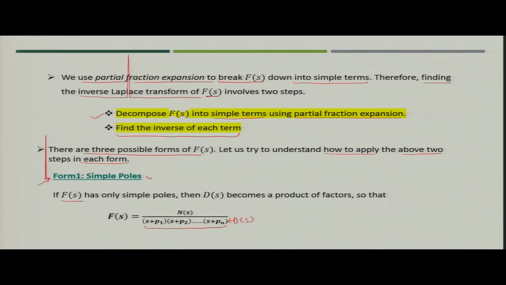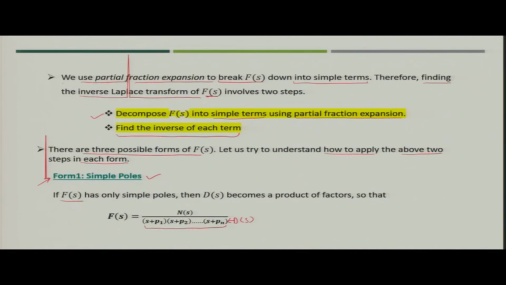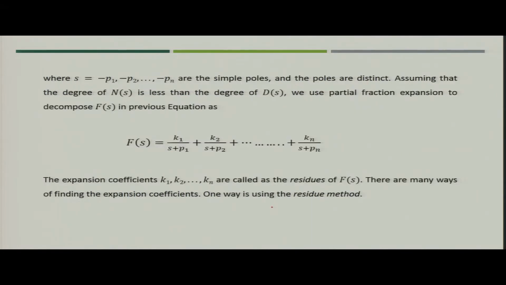Then you can use the simple pole approach to find the inverse Laplace transform. What are p1, p2 and pn? These are the simple poles of the Laplace transform function. Now, these poles are distinct.